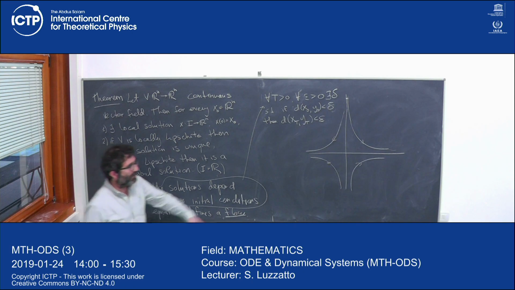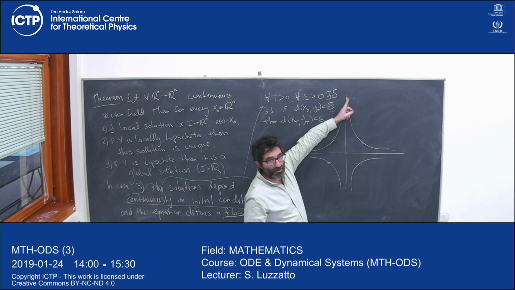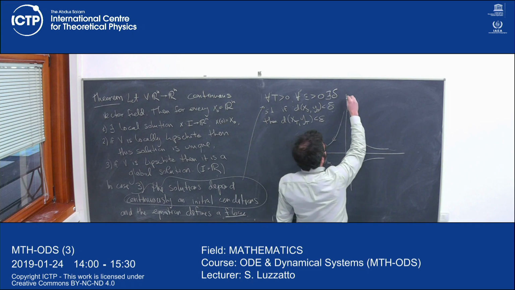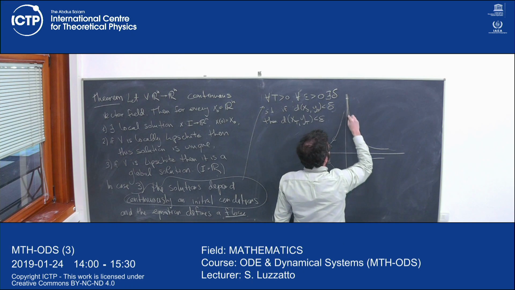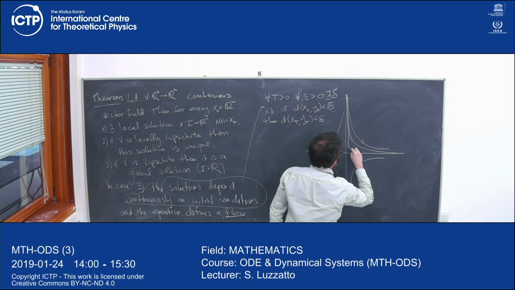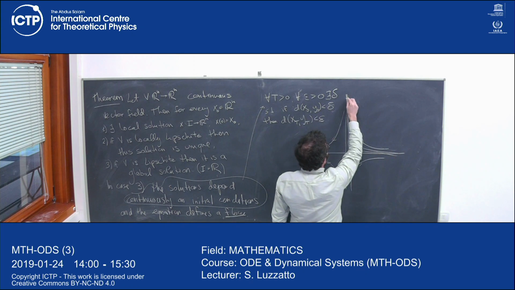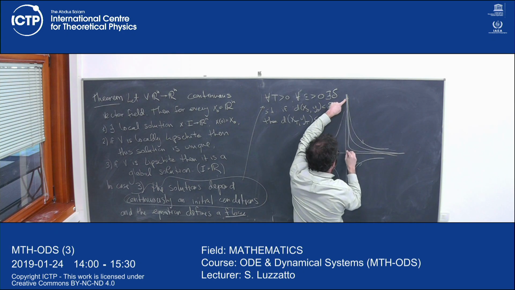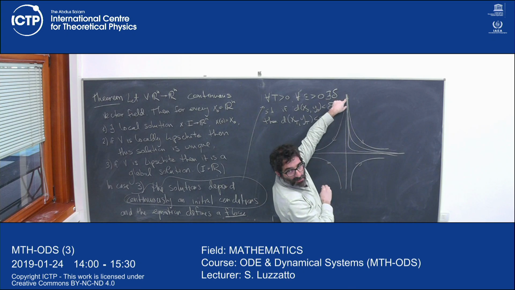Does that hold in this example? Yes, of course, because I can take this point such that this curve becomes more tangent to the y-axis. The closer you take it here, the more it does this. So if I take delta very small, then I can stay close to this as long as I want.